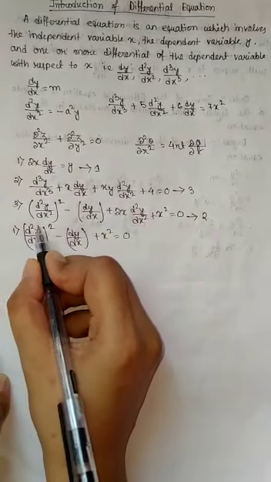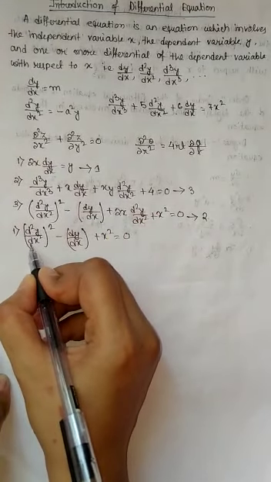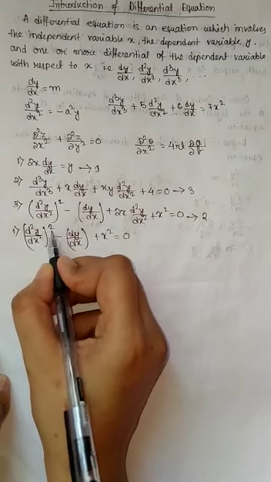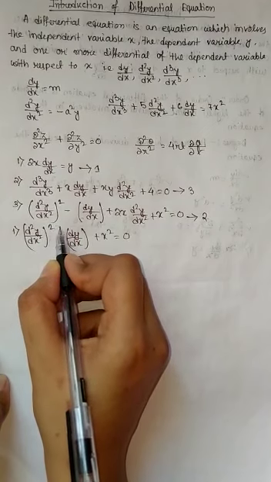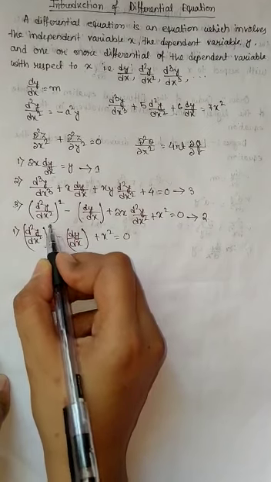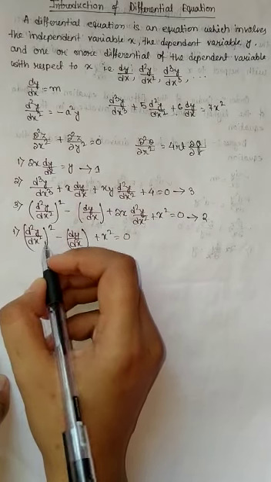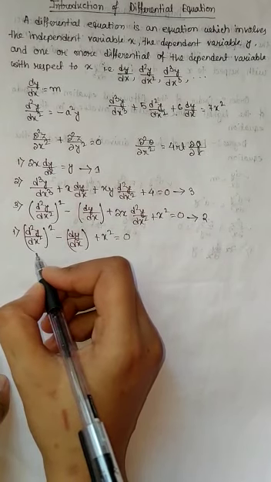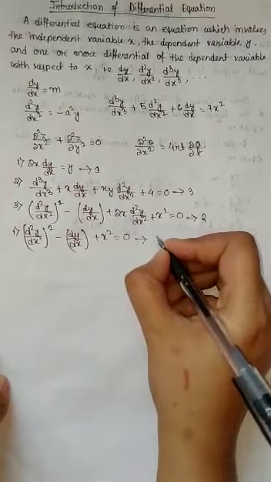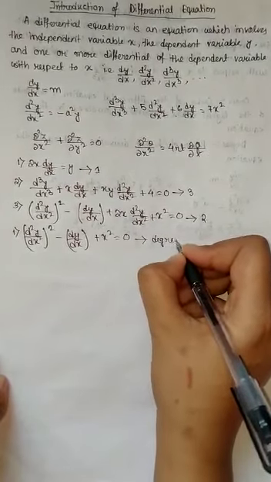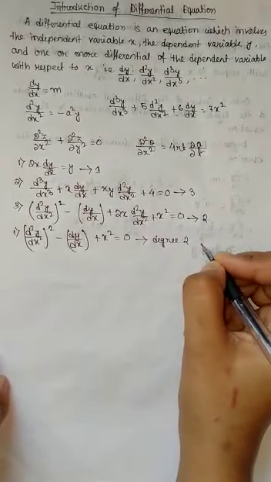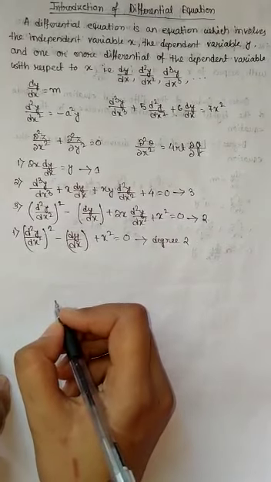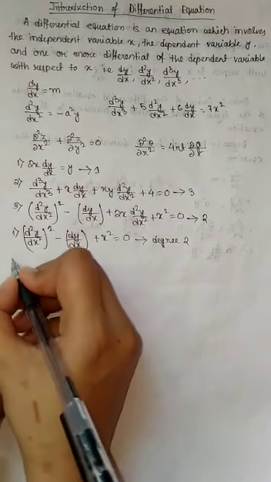Here the highest derivative is d2y/dx2 and the power of the highest derivative is 2, and the power is a positive integer. Hence the degree of the differential equation is 2.